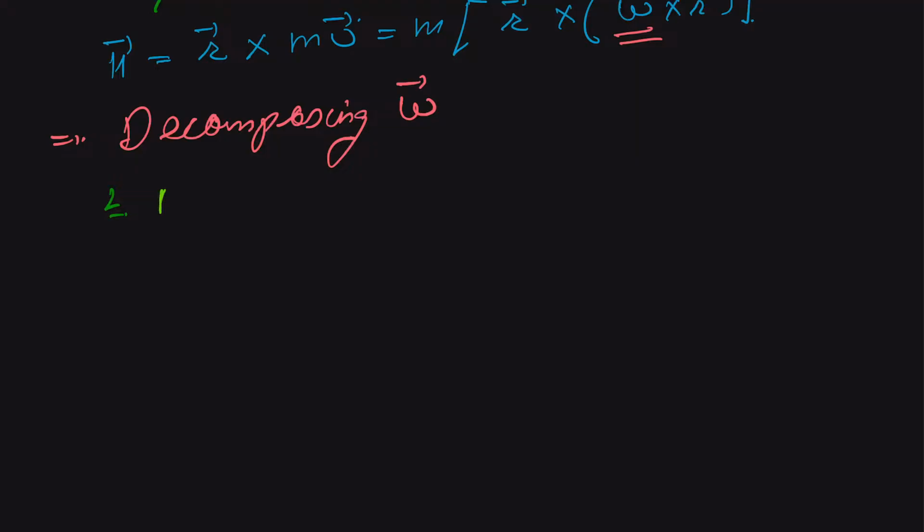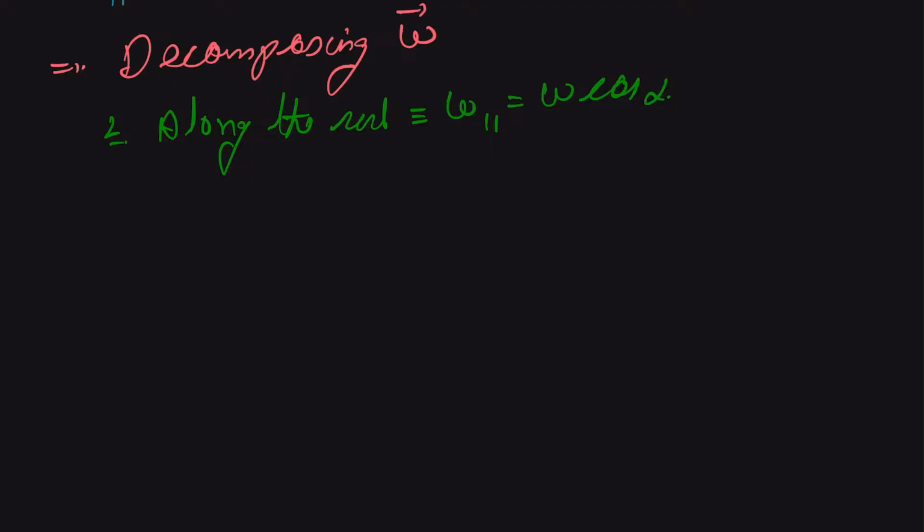The first component will be along the rod, and along the rod let us call this omega parallel, which will be equal to omega cos of alpha.